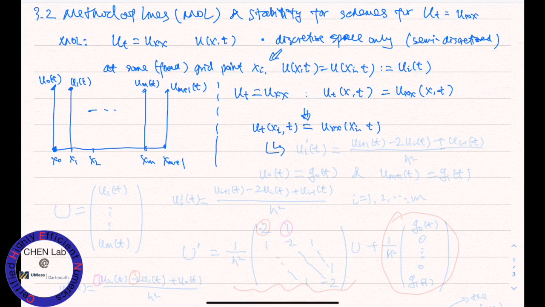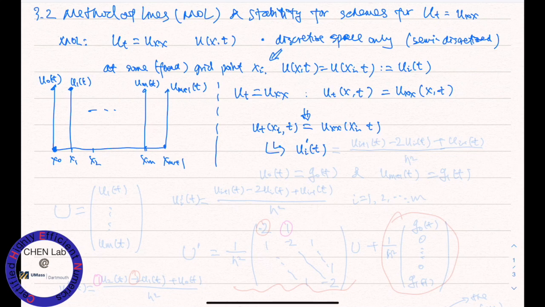We call u(x_i,t) u_i(t); before it was a bivariate function, now it's a single-variable function, so we can write its derivative as a prime.